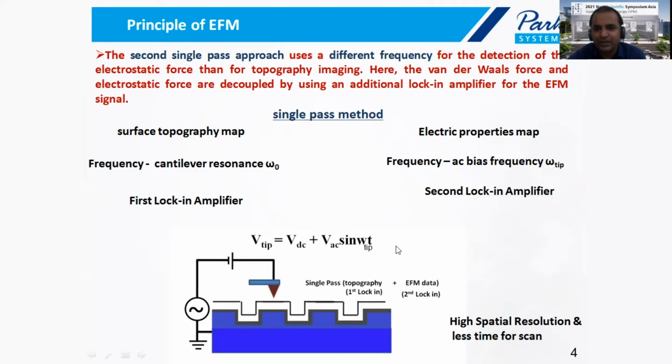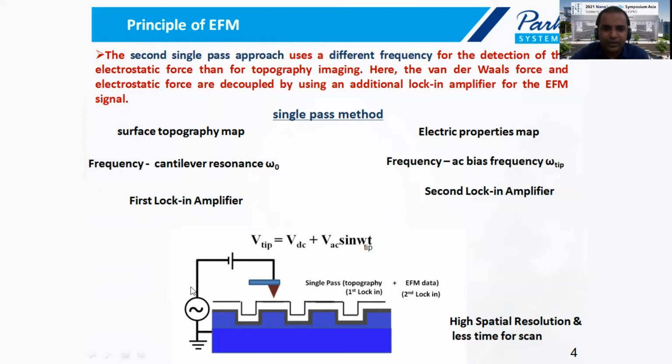The second lock-in amplifier then comes into the picture, and it decouples the motion of the tip and separates the electrostatic signal from the topographical signal. This is done at the frequency given by omega tip, which is the frequency at which you apply your AC sinusoidal voltage.